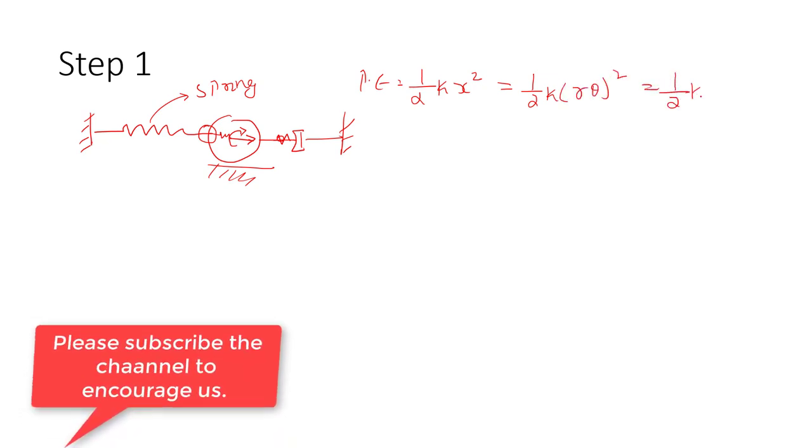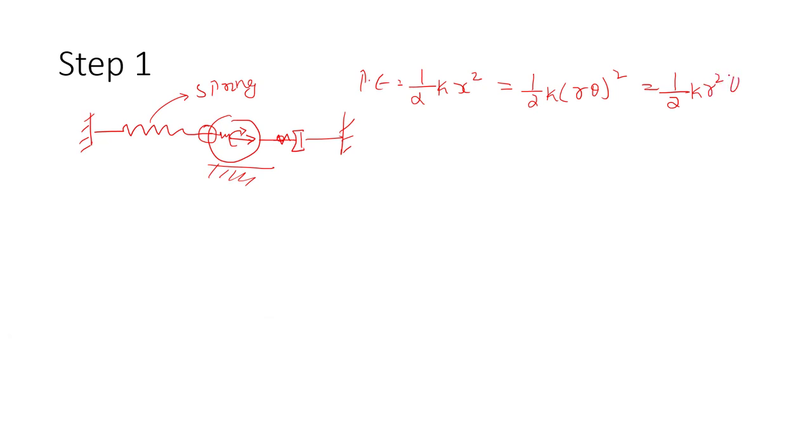So this will become half k r square theta square. Now the damping energy is half c x dot square. So this will become half c r square theta dot square.